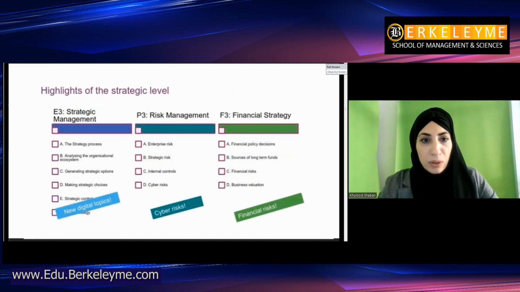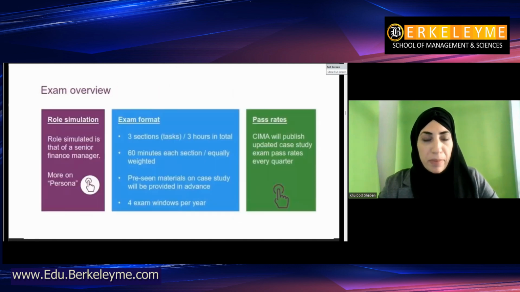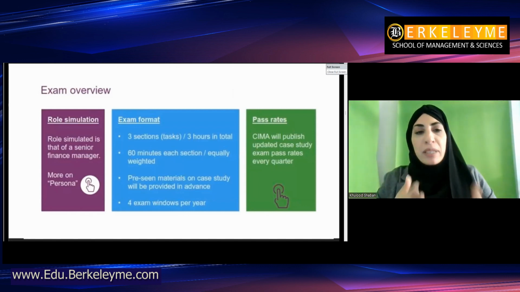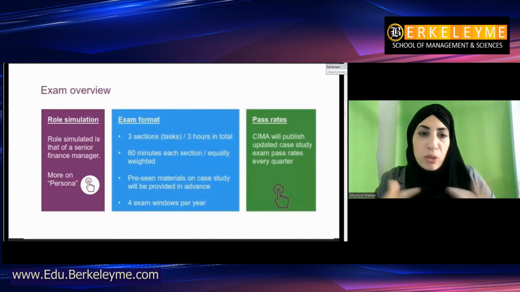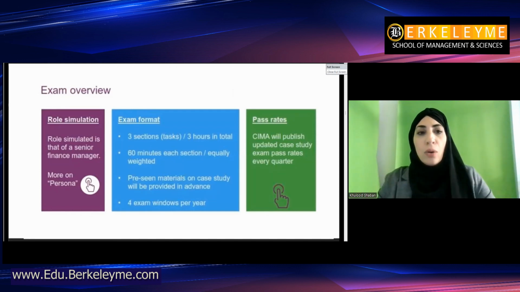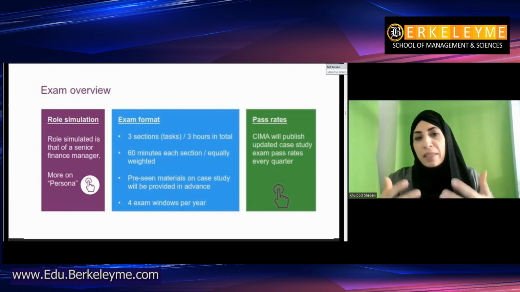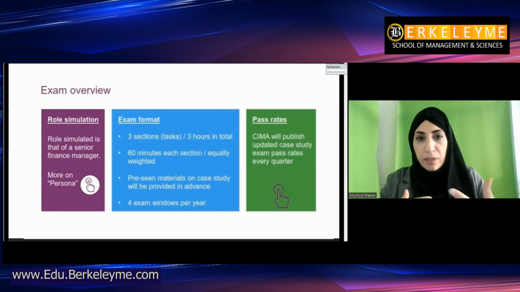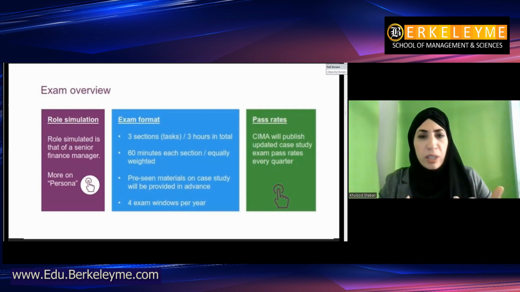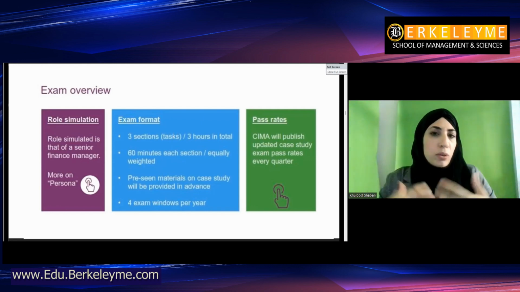And now I will say what this exam is about: it is actually a role simulation. So you will simulate the role of a senior finance manager, where you will have to advise the management on different related decisions in terms of expansions, mergers, acquisitions, scenario planning, risks, controls.